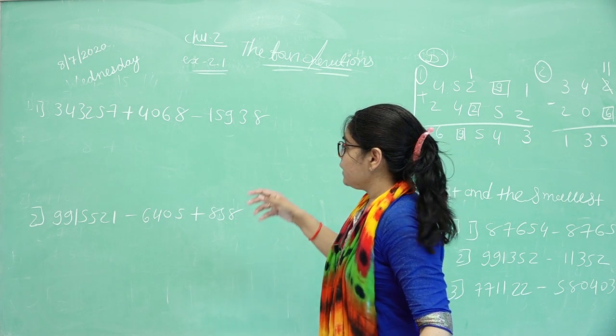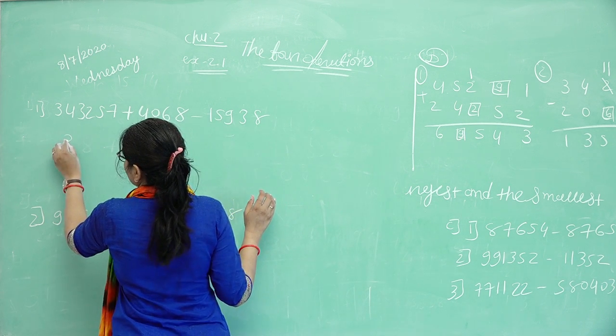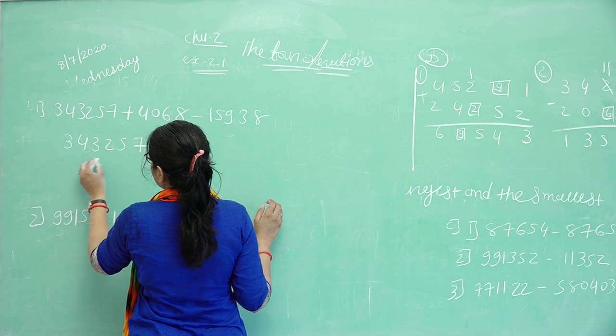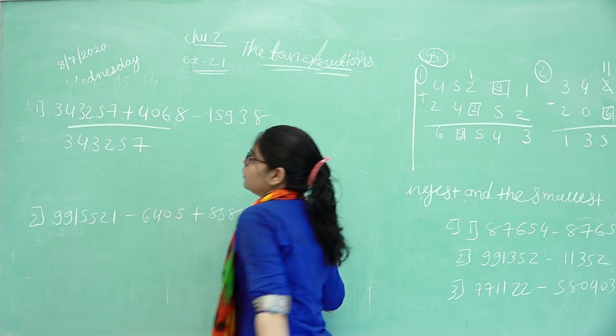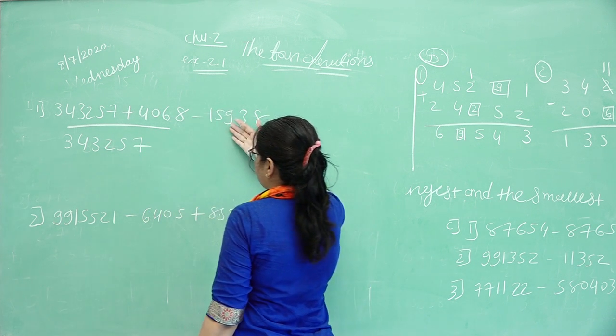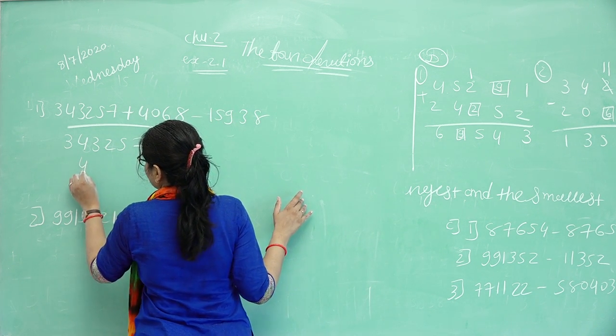Okay, this one is our solving examples. So let's start our solving examples. First of all, do 2 additions, then after answer is there and then subtraction. Okay.